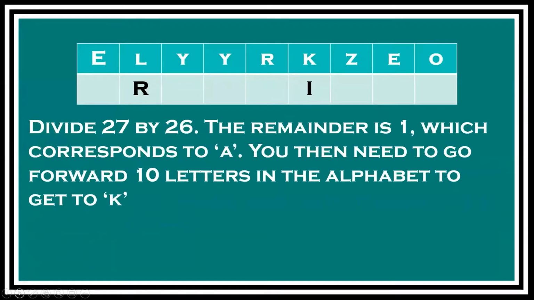That gives us 27, and if we divide that by 26, the number of letters in the alphabet, we get 1. And the first letter of the alphabet is A. To get from A to K, which is the 11th letter of the alphabet, we need to go forward 10 letters. So again, that gives us an added number, or a Caesar shift, of 10.